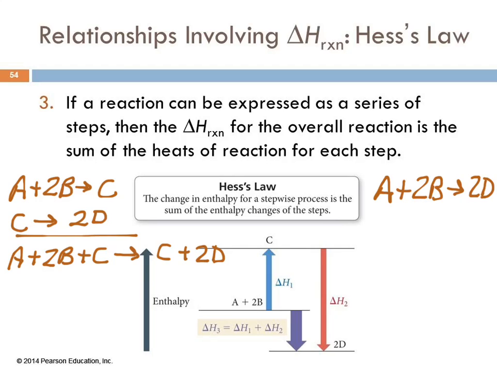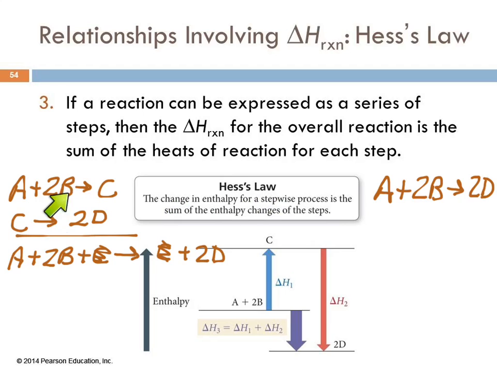And what happens to the C's? They go away. And if we think about this chemically, if A and two of the B's react to form C, and then C reacts to form this, is there any C left? No, there isn't. So these two equations can be added up to give this overall equation that we're interested in.